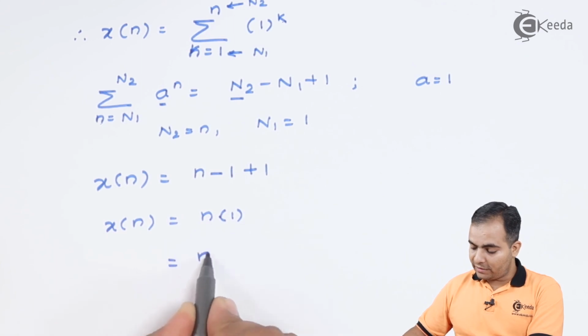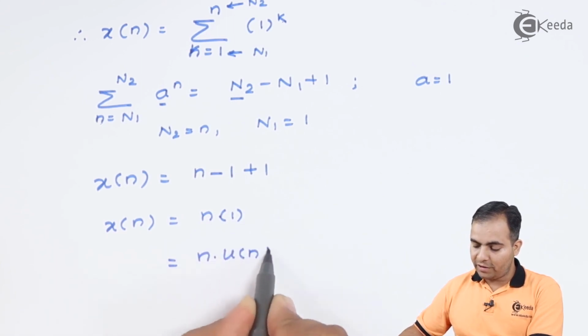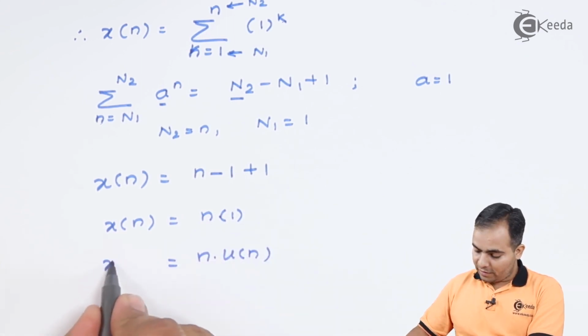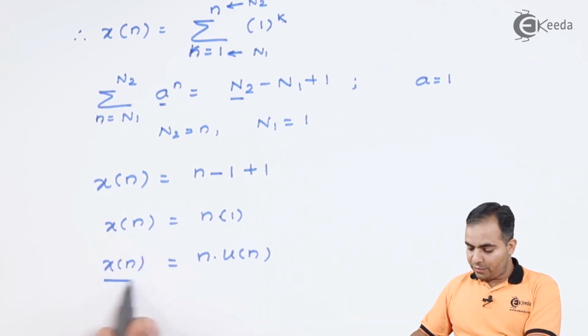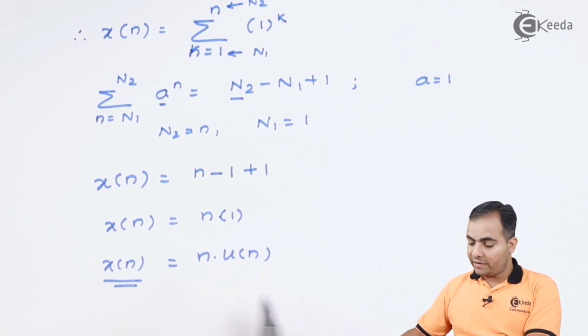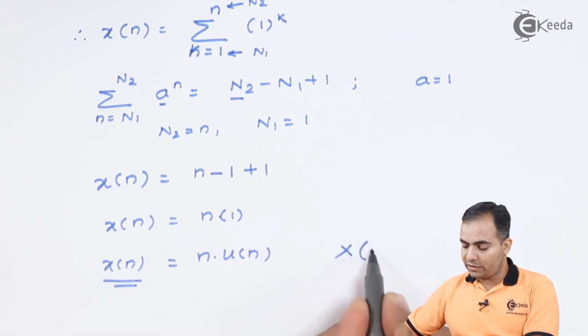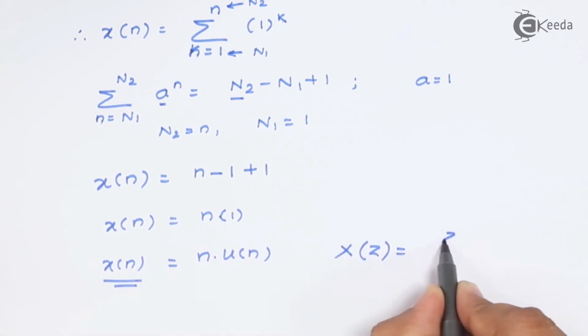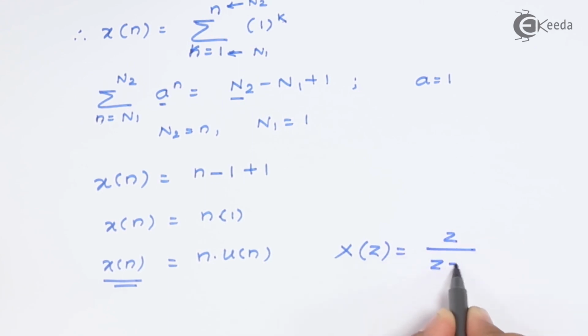So this n is multiplied by u of n. If you take the z transform of n into u of n, you will get the same result mentioned in the question, that is x of z equals z upon z minus 1 the whole square. So this is nothing but the inverse z transform using the convolution method.